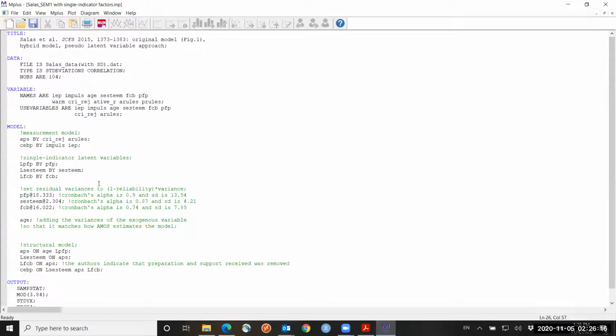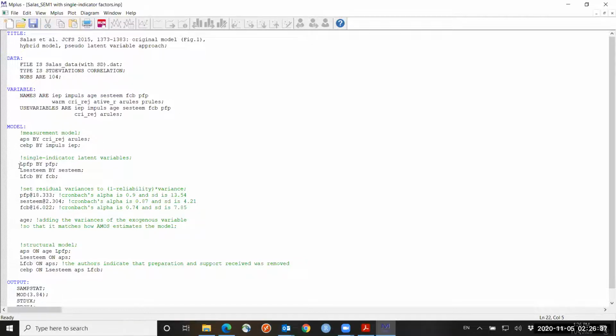Okay, so here I have the model. It starts with the measurement model for the original variables that had more than one indicator. Now, I added the single indicator latent variables. So I add the PFP as a measure of latent PFP.